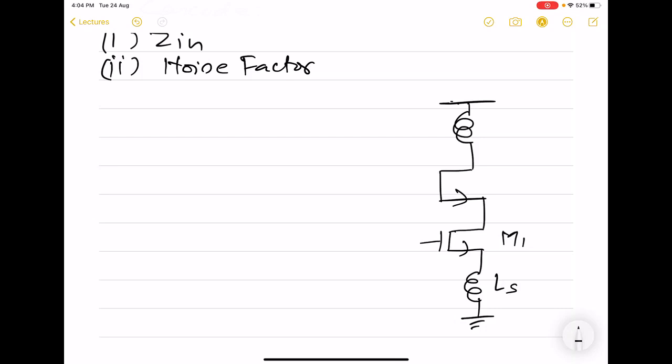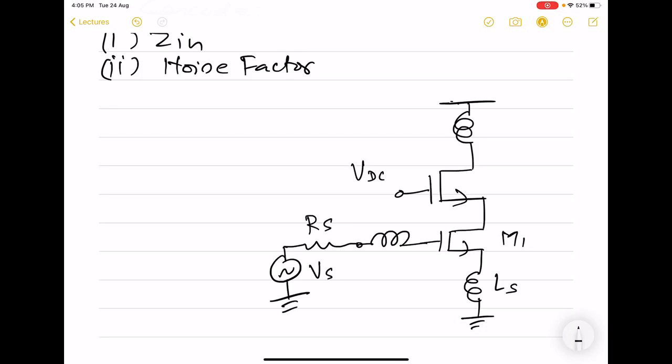So M1 has the same configuration as we found for the inductively degenerated case. So the first stage is similar to, or the same as, what we analyzed earlier. Here we see that M1 is in common source configuration, M2 is in common gate configuration.